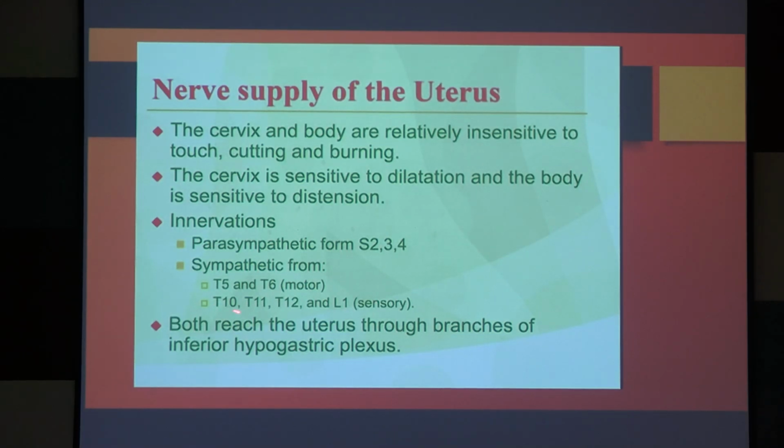So if you put anesthesia at T10, 11, 12, that means the lower thoracic and upper lumbar area, in that case sensory loss will be there over the whole area.